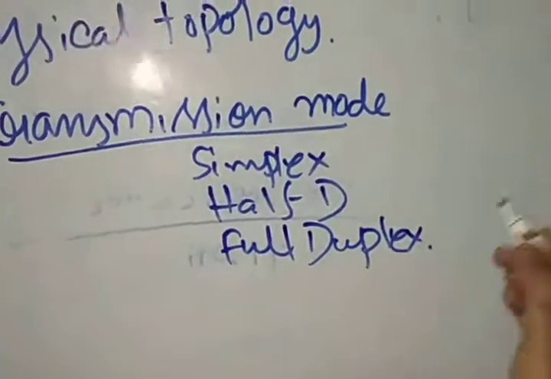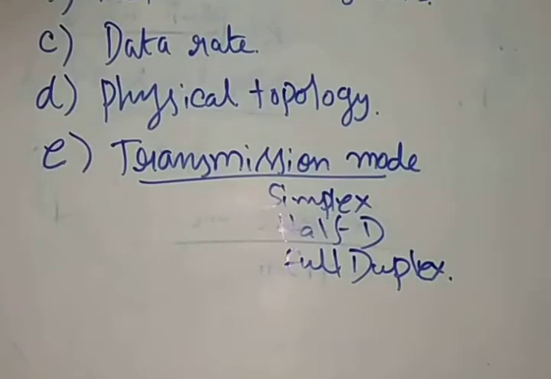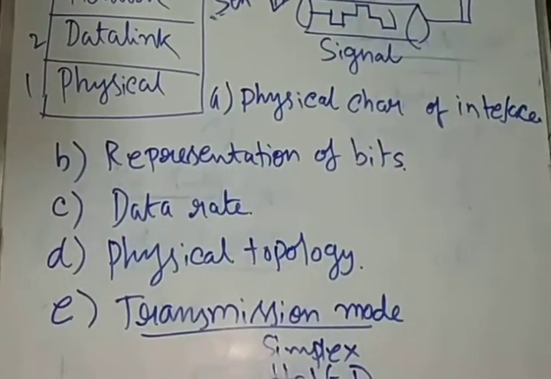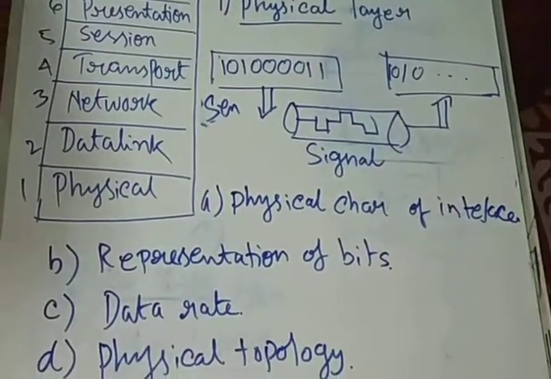Which transmission mode the network will follow will be decided by this physical layer. So these are the 5 functions of the physical layer.